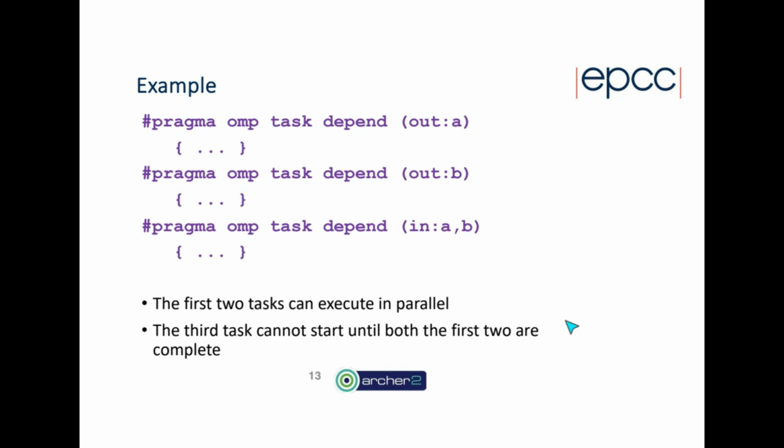By turning it all into tasks with dependency clauses, you only express the orderings which are really required by the data dependencies, and let the runtime sort everything out and allow tasks to run as soon as they're ready, which is difficult to do using conventional loop parallelism, for example.